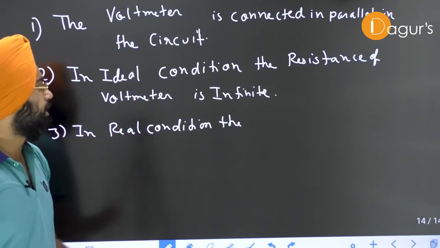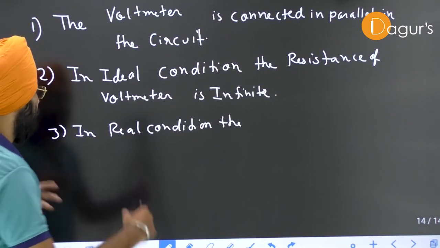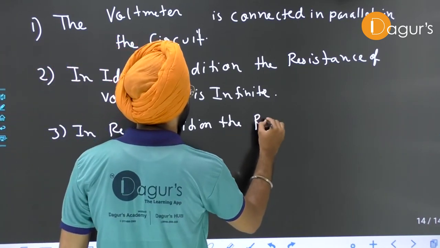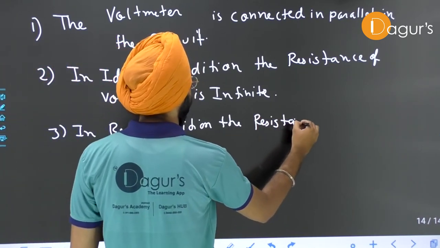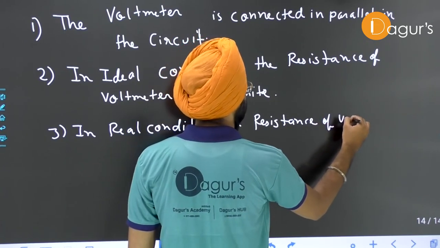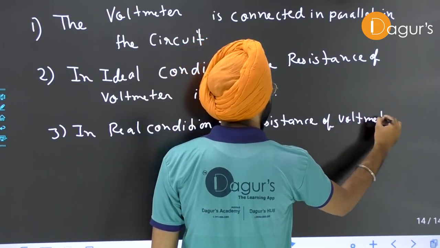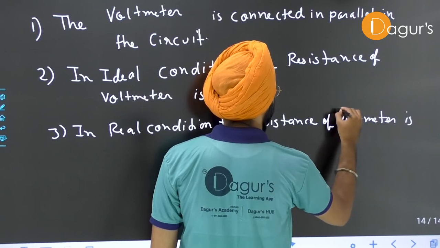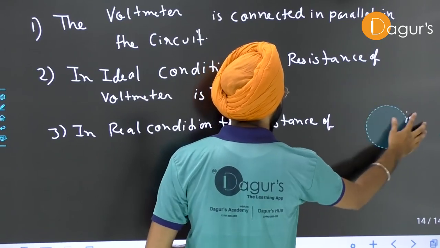The second point is in ideal condition, the resistance of voltmeter is infinite. In real condition, the resistance of voltmeter is high.